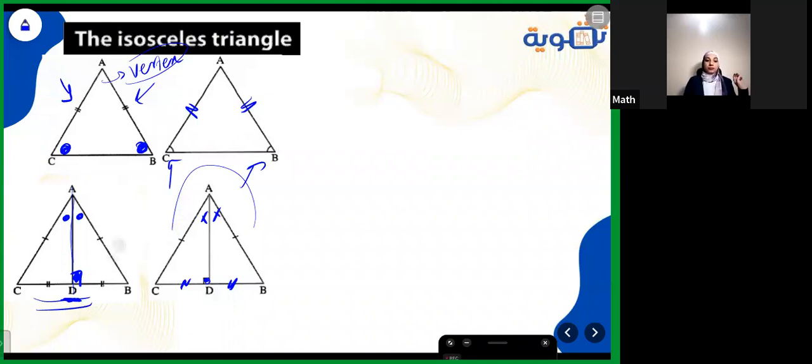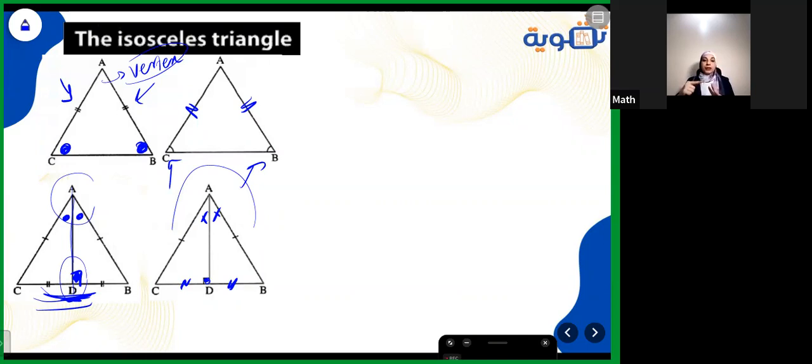One of them here is that the line segment is intersecting at the midpoint. It's bisecting the base. So it's bisecting the vertex and perpendicular to the base. So I have bisecting base, bisecting vertex, and perpendicular to the base. If it's bisecting the base, it will be bisecting the vertex and perpendicular to the base.